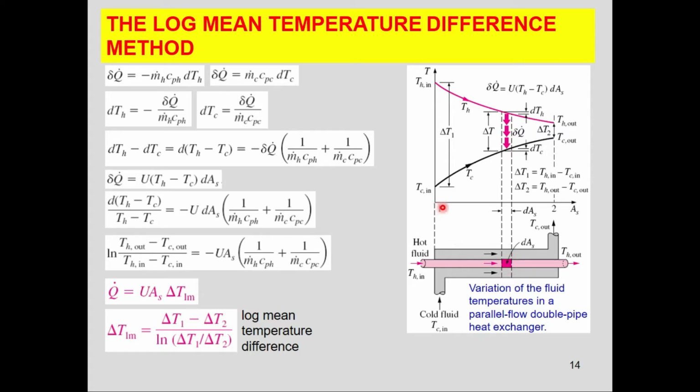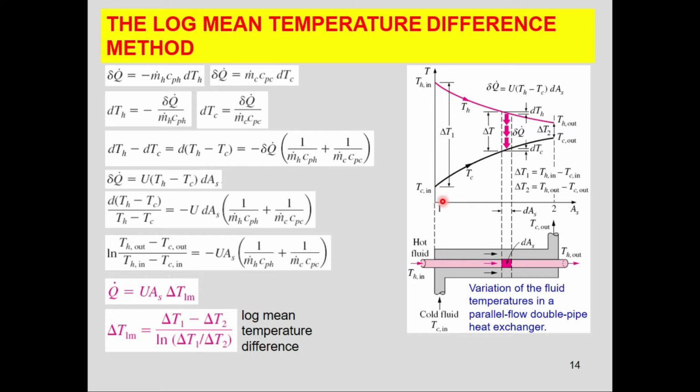This is along the length of the heat exchanger. This is the starting point of the heat exchanger on the x-axis, and this is the ending point. This is 0.1 and this is 0.2, and this is the temperature axis, so from bottom to top, temperature is increasing.